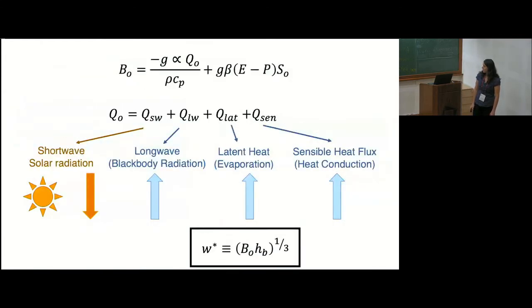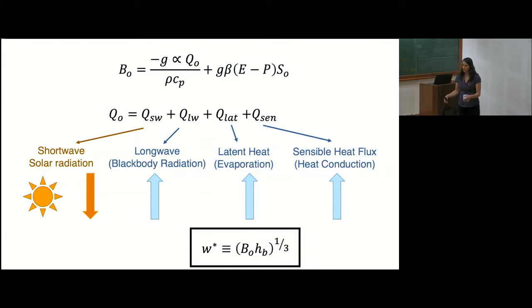All right, Emily went over this yesterday, but it's always good to go over it again. When we're talking about buoyancy forcing at the surface, we have buoyancy input from the surface heat flux, and from evaporation and precipitation. In terms of heat flux, we have shortwave radiation, which warms the ocean, and longwave, latent and sensible heat, which for the most part tend to cool the upper ocean.